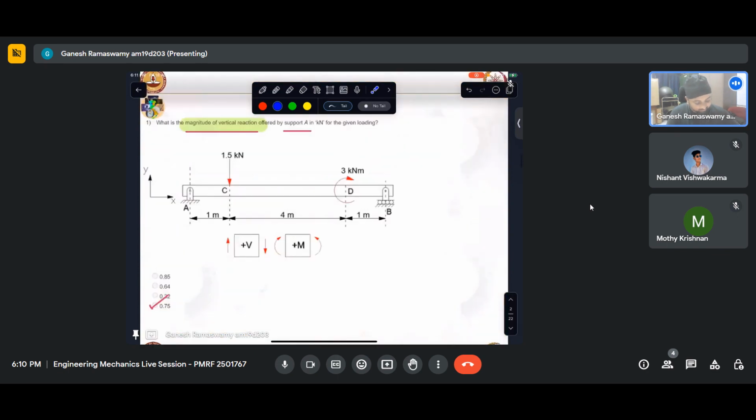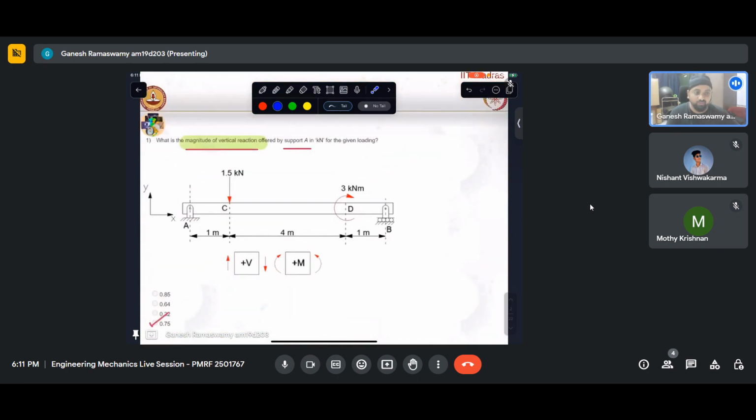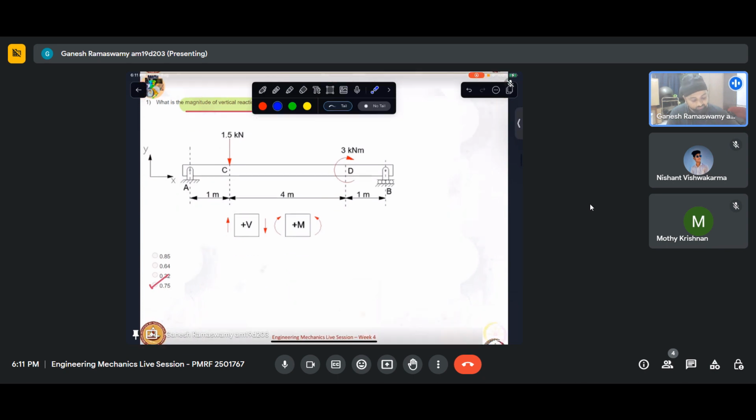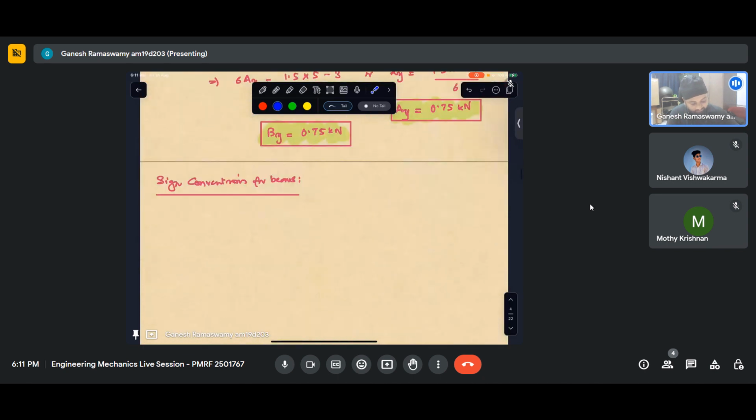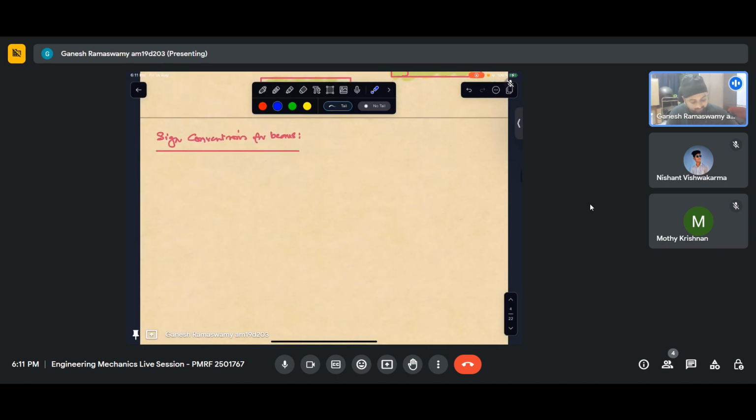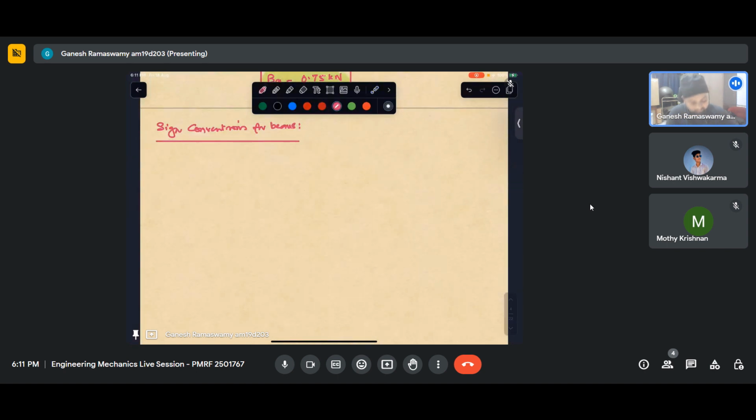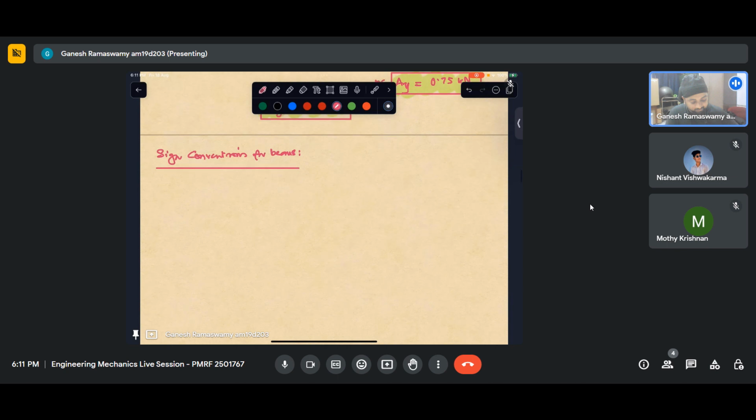Anyway, this reaction calculation we have been doing for some time. Now we'll get more deeply into beams to see how to arrive at other quantities. Namely, in the area of beams, we have two quantities which we will be dealing with.